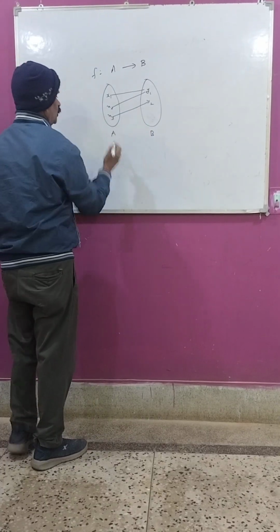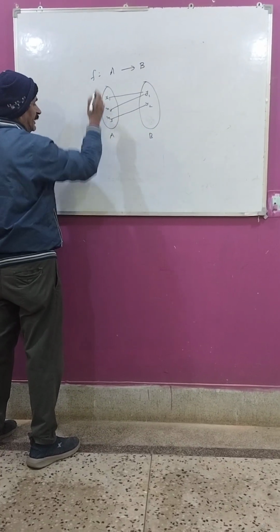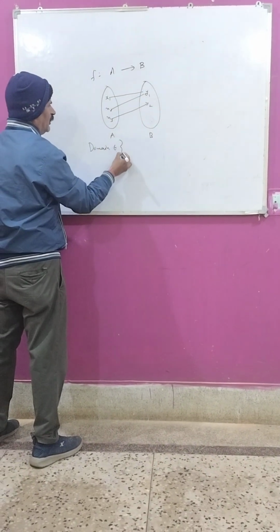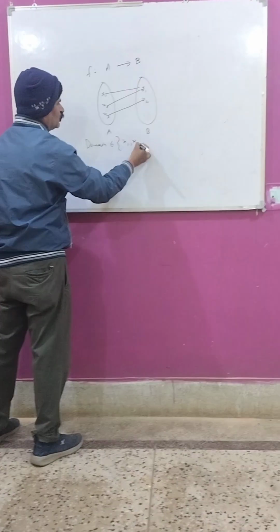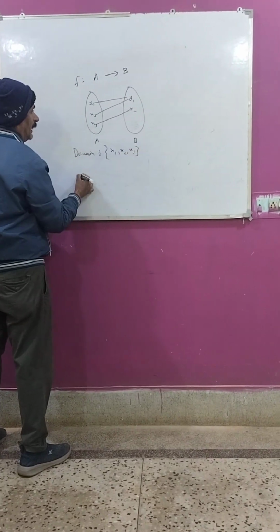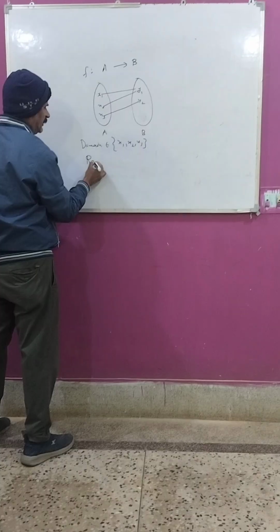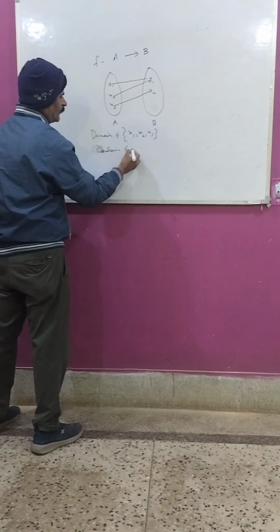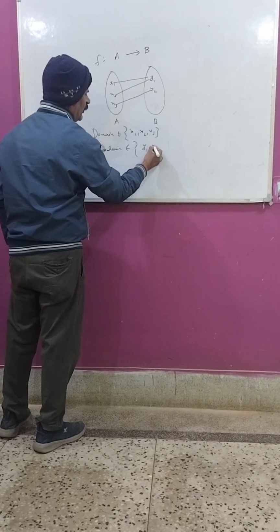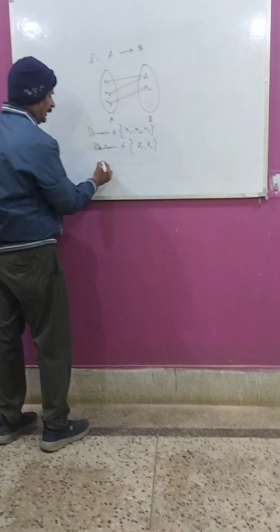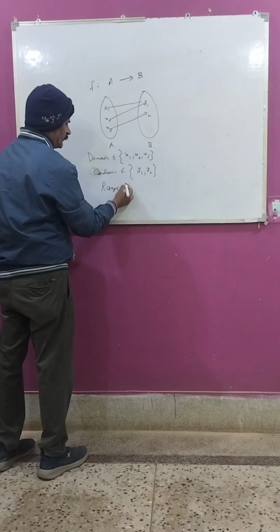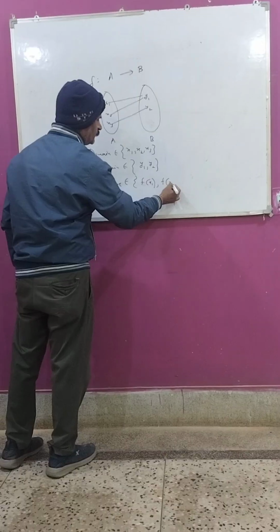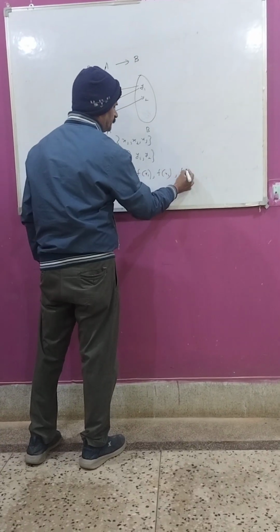The elements in set A, x1, x2, x3, are called the domain, and the elements in set B, y1, y2, are called the codomain. The range is f of x1, f of x2, and f of x3.